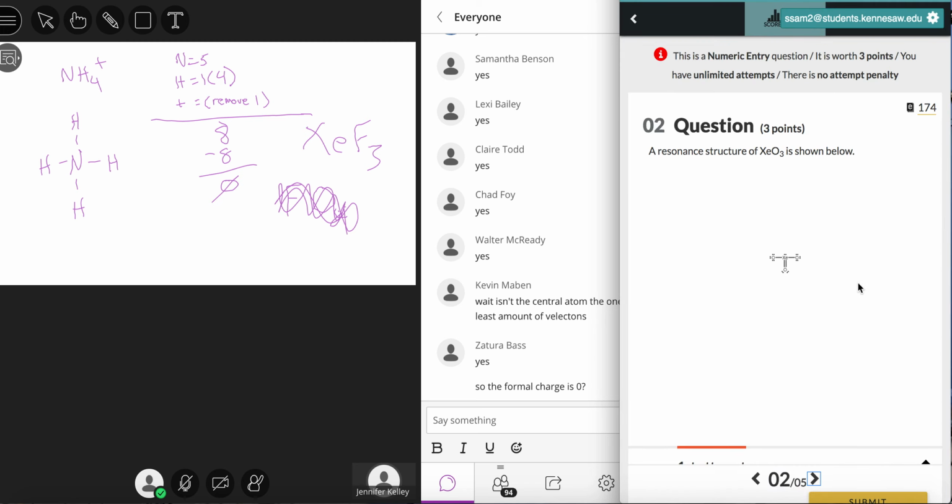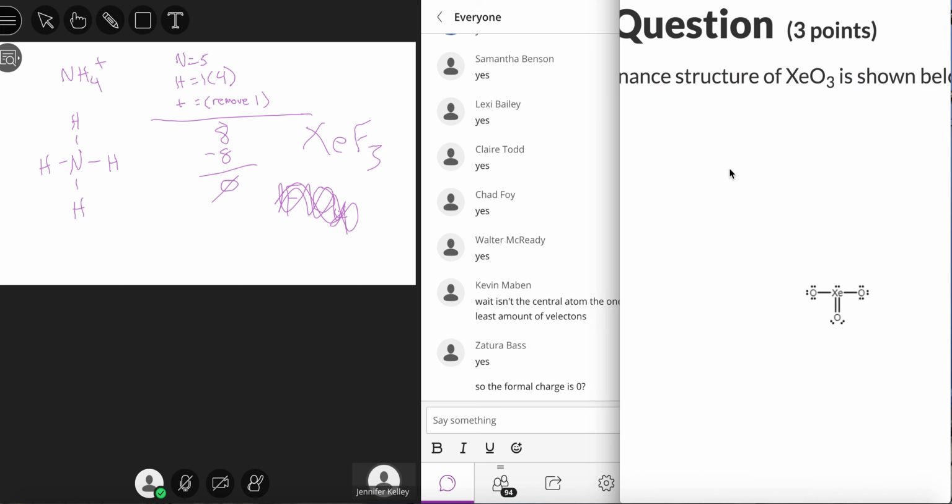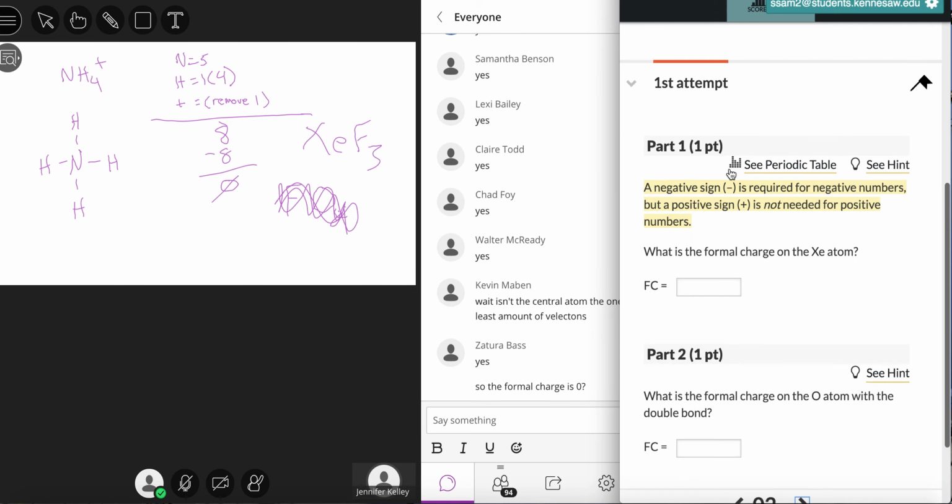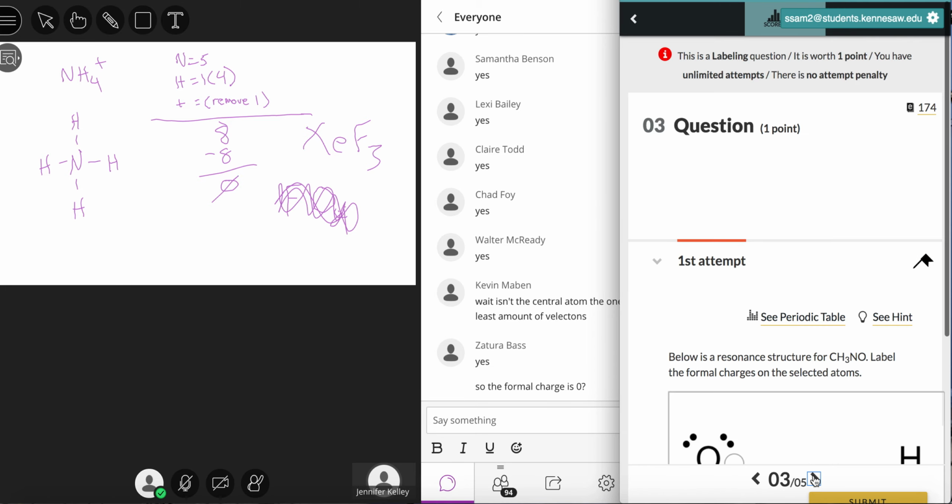We all know that xenon has 8 electrons, but is less electronegative. All it means is it's got less of a negative charge.